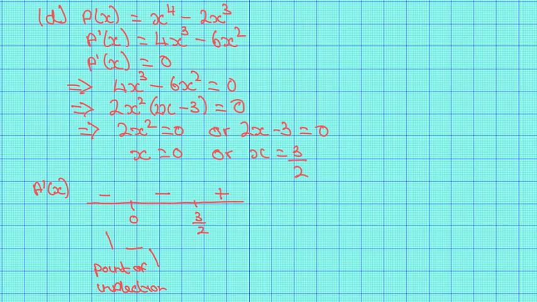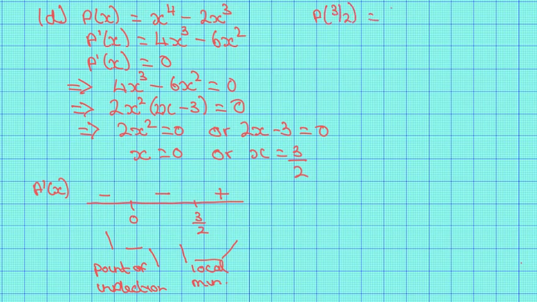Then we have negative, 0, positive, which is a local minimum. Now we need to find the value of the local minimum. So we need to find f of 3 over 2.